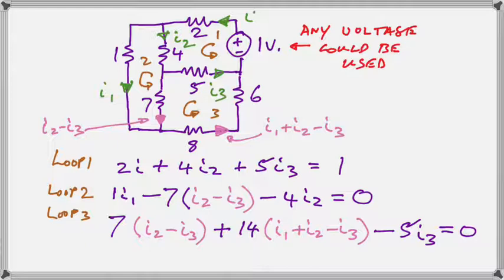Naturally, we are going to use 1 volt because why not? Unity volts make it easy because at the end we can simply press the reciprocal key and get our answer. Now notice that I have explained using colors how I write my currents and I do my loops, and I have ended up with 3 linear simultaneous equations.